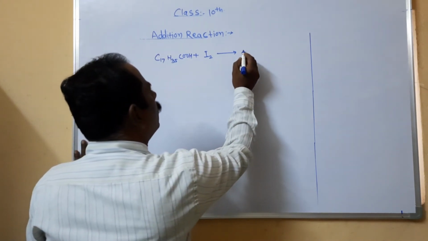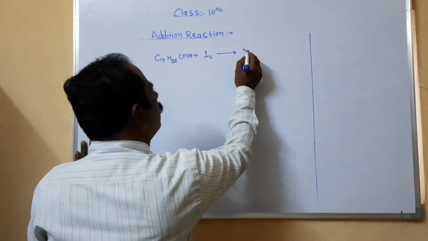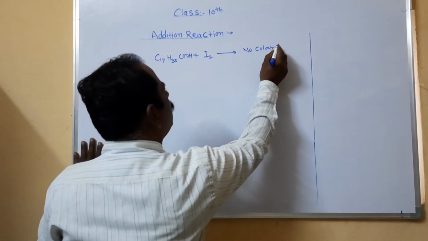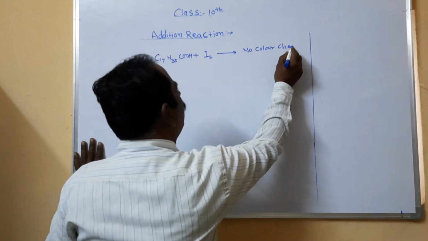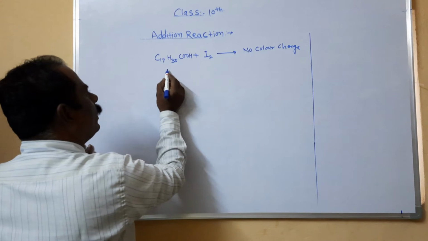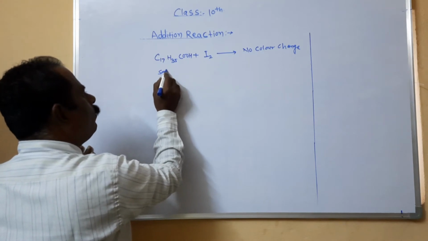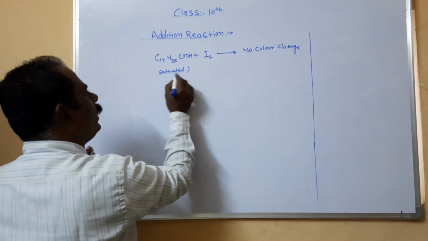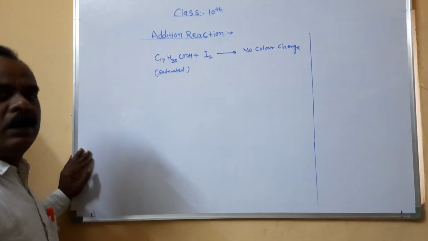In stearic acid, no color change occurs; the color of iodine does not change. Therefore, it is a saturated compound, which means it does not contain a double bond.